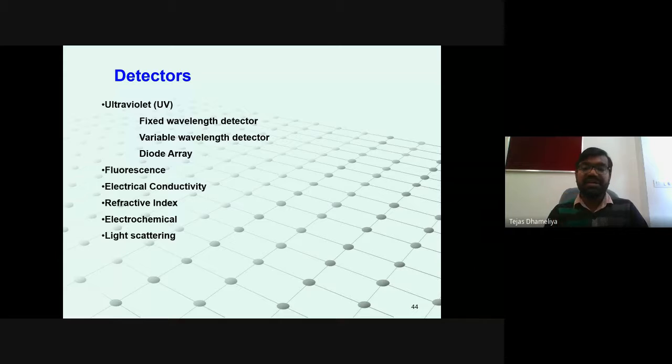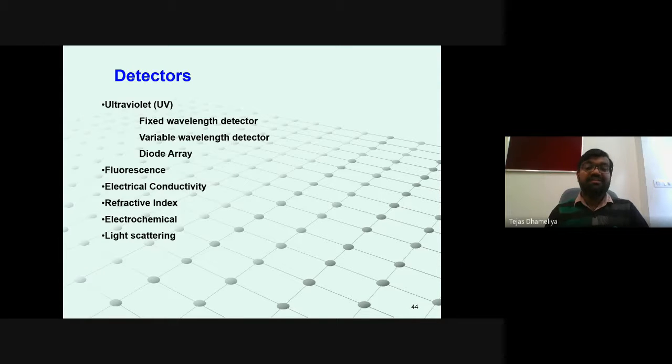Another is the variable wavelength detector, where we can tune the wavelength of our interest. The diode array detector involves more than one diode in the detector, and that's why it is called a diode array detector.